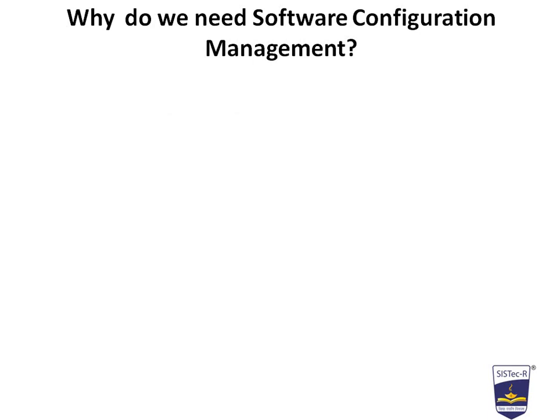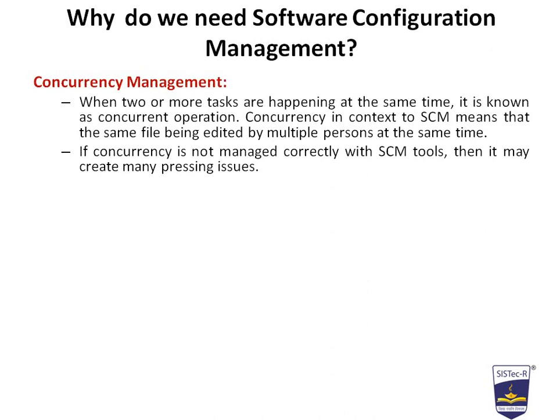So why do we need software configuration management? Why is SCM needed? First, to handle concurrency. Concurrency is a very important part. You all know that if the project is not live, then we can do any experiment with it.